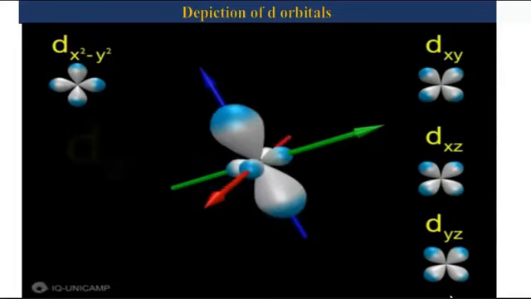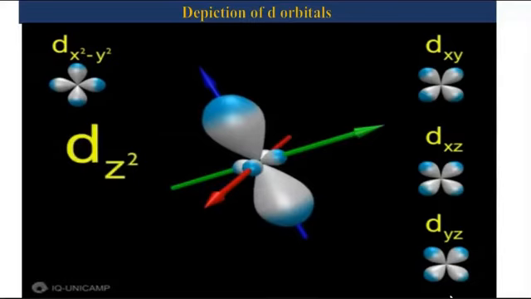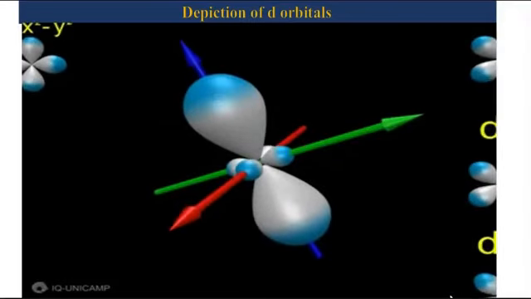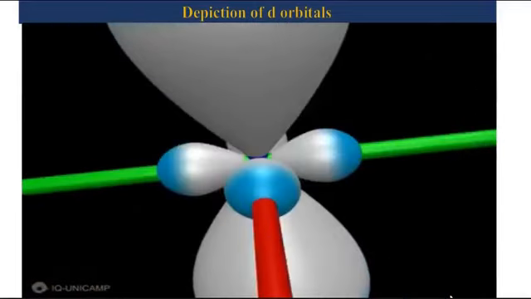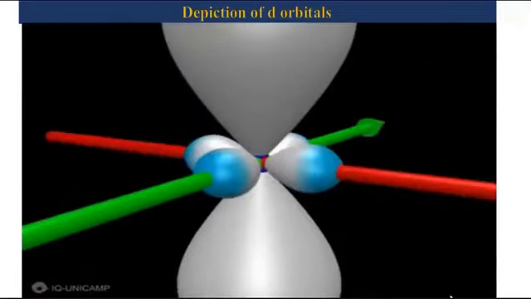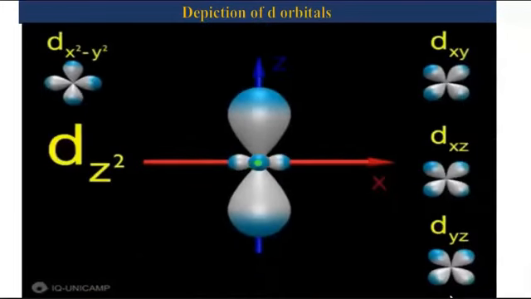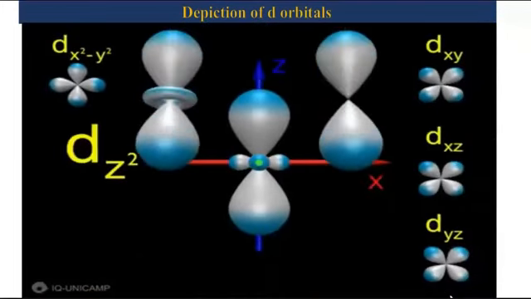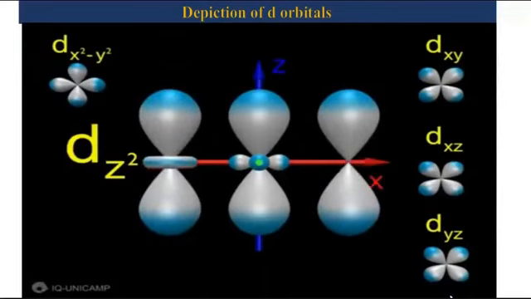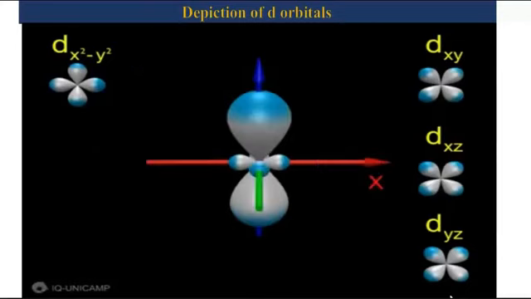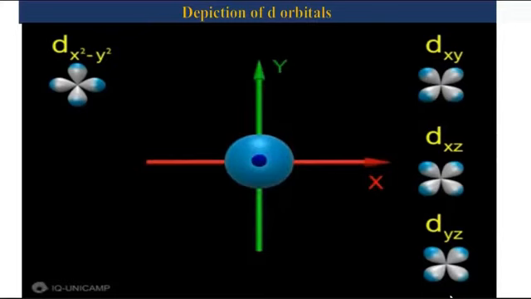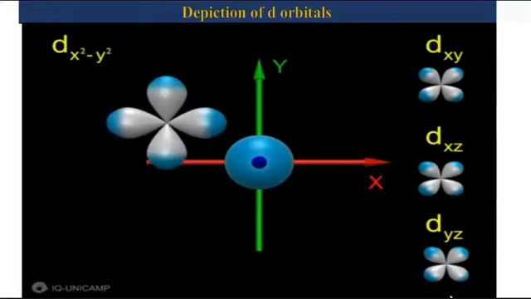Now if you see, it is oriented as dz square. So basically dz square is the mixture of dz square minus y square and dz square minus x square. If you add them, what will it become? It will become d2z square minus x square minus y square. For simple polynomial, we write it as dz square. Okay, basically dz square is a mixture of what? dz square minus x square, you can say, and dz square minus y square. So I have shown you the depiction of it.